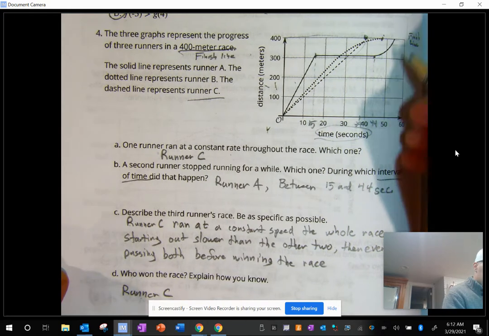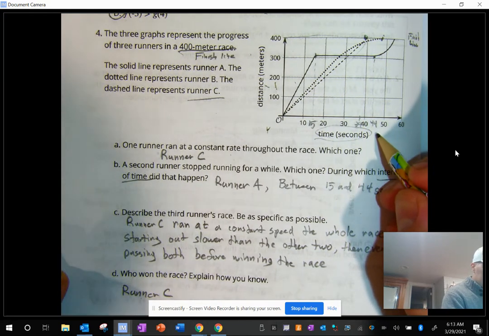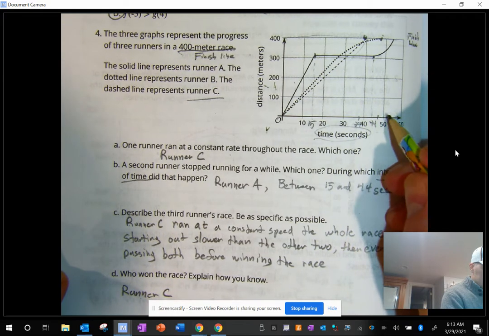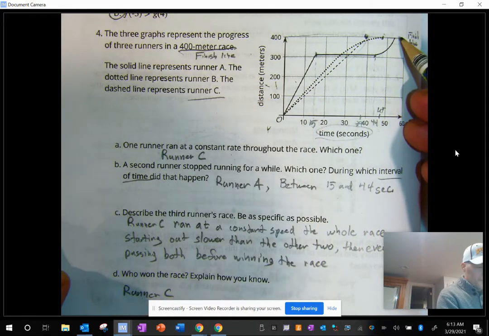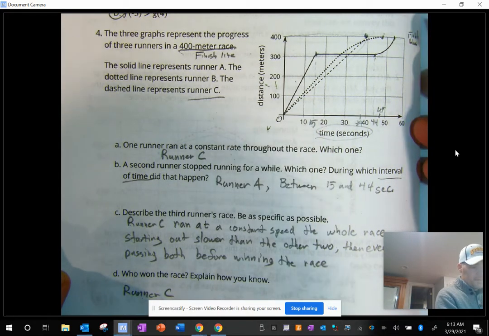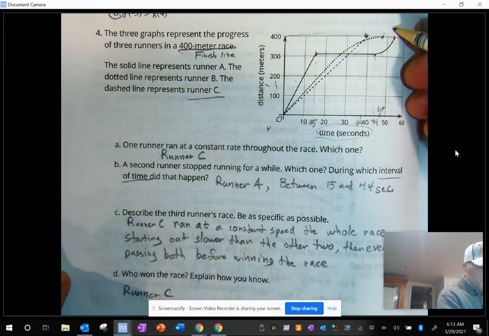Runner B got there in about 47 seconds. And runner A got there in about 50, 54, 53. Either way, all three of these times are fantastic mile times. This one obviously is amazing.